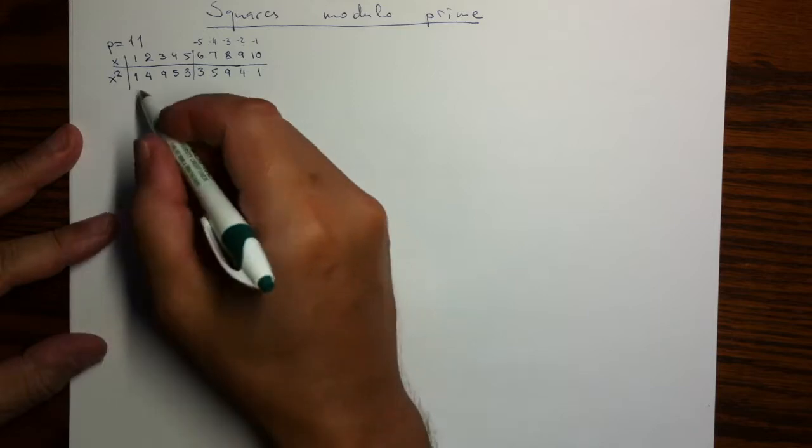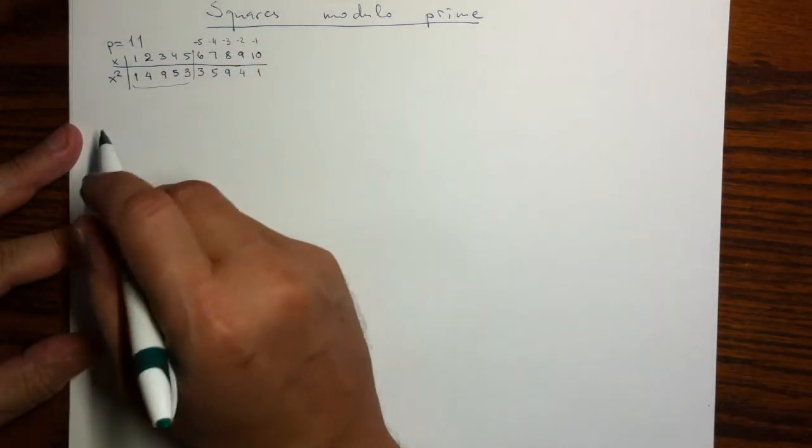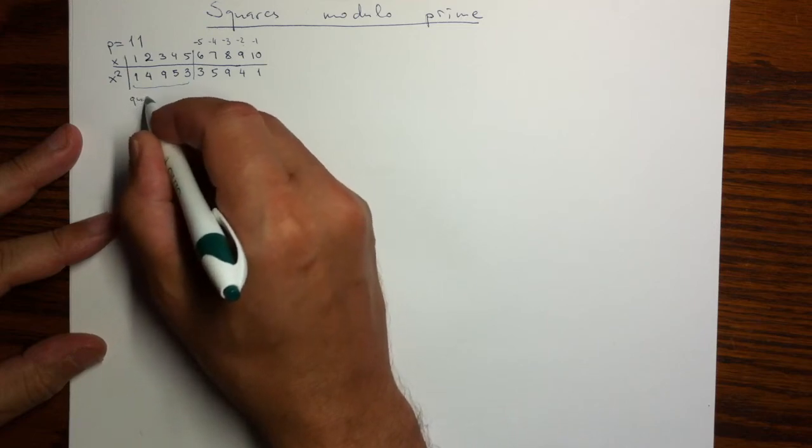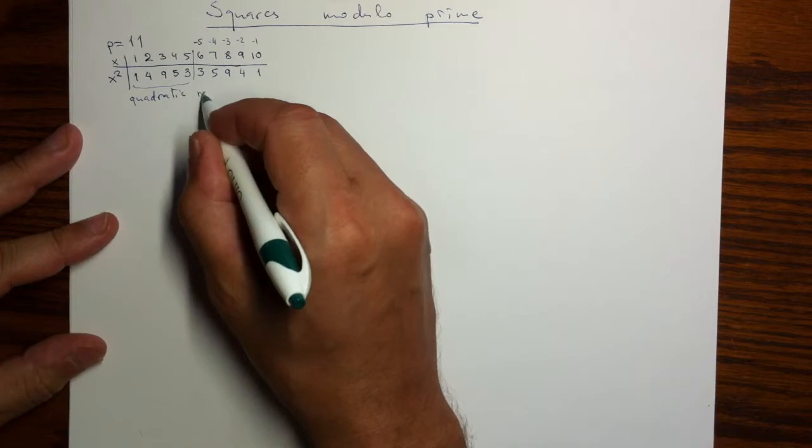And these numbers which appear as squares are called squares modulo prime, or quadratic residues.